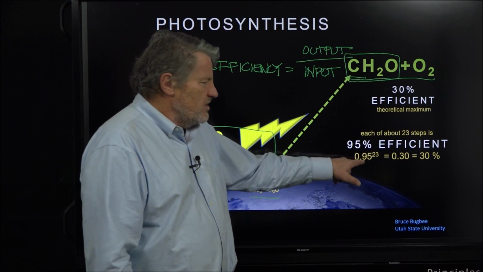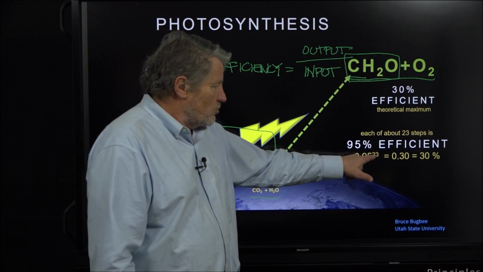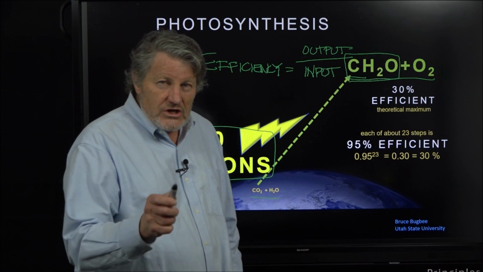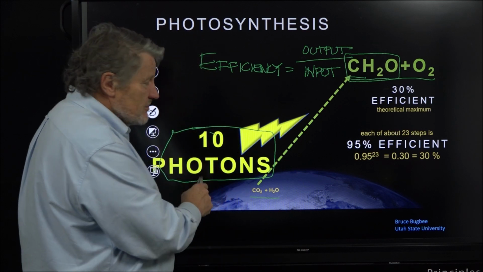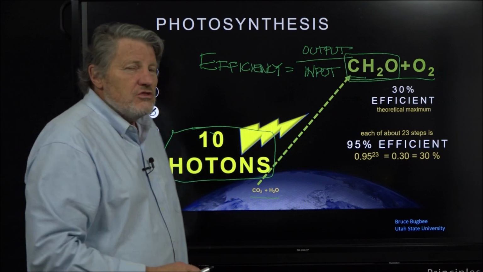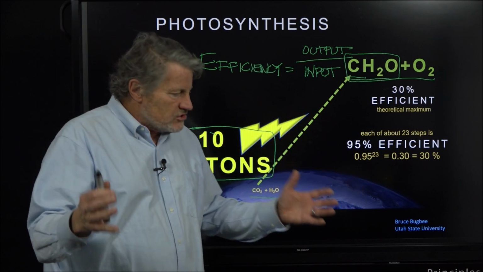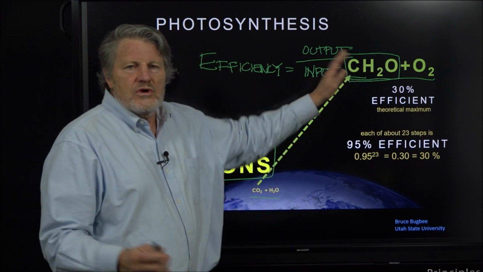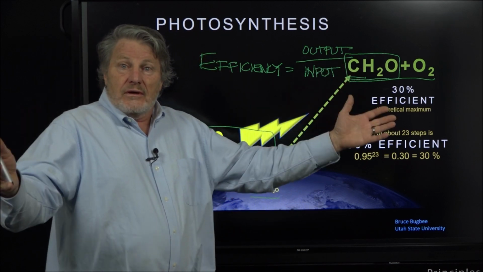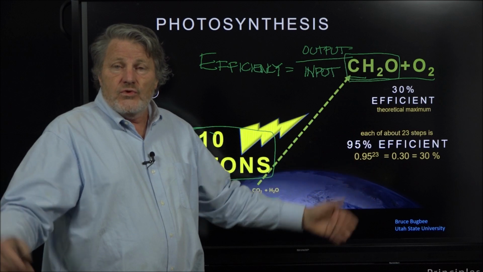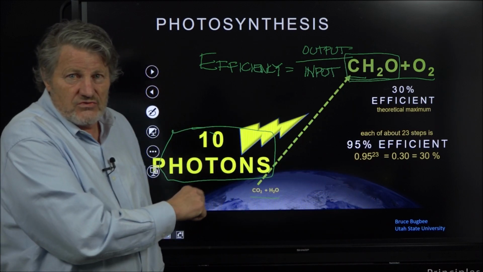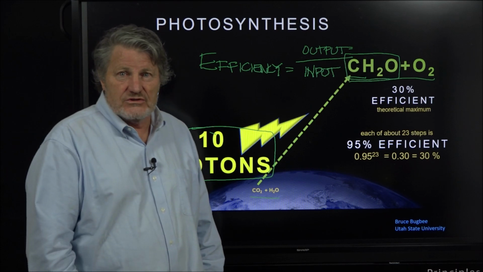If we take 0.95 to the 23rd power, that's 30% efficient. So we should start thinking about photosynthesis as 23 automated steps, each one's 95% efficient, and out the end we get carbohydrates and food energy. This is where this whole analysis comes from, this equation balancing.